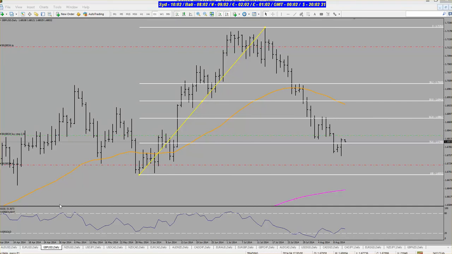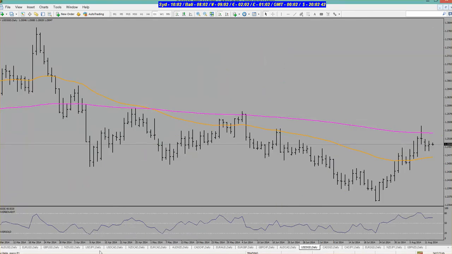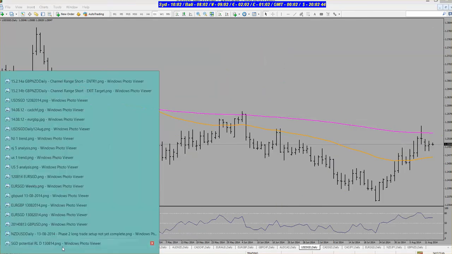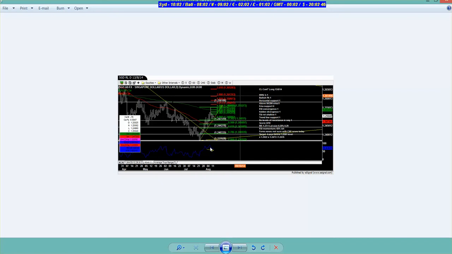Dollar Sing, potential ring low reversal. RL, you got RL there. Singapore dollar, daily higher highs, bullish price action, horizontal support, above the moving averages.